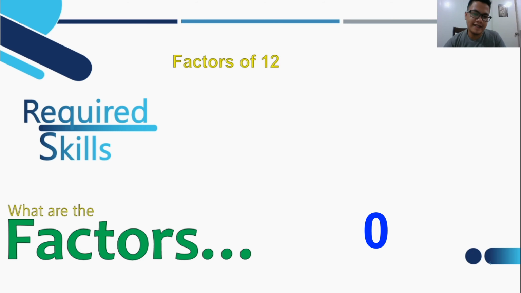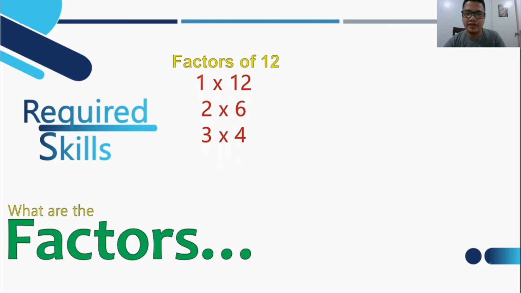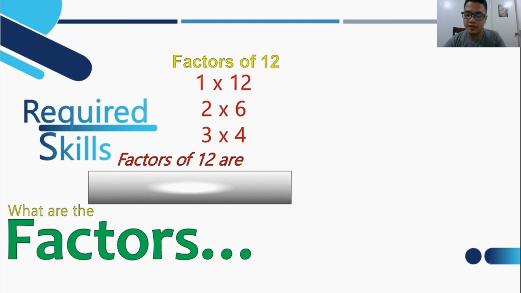So here we have 1 times 12, 2 times 6, and 3 times 4. Therefore, the factors of 12 are 1, 2, 3, 4, 6, and 12.